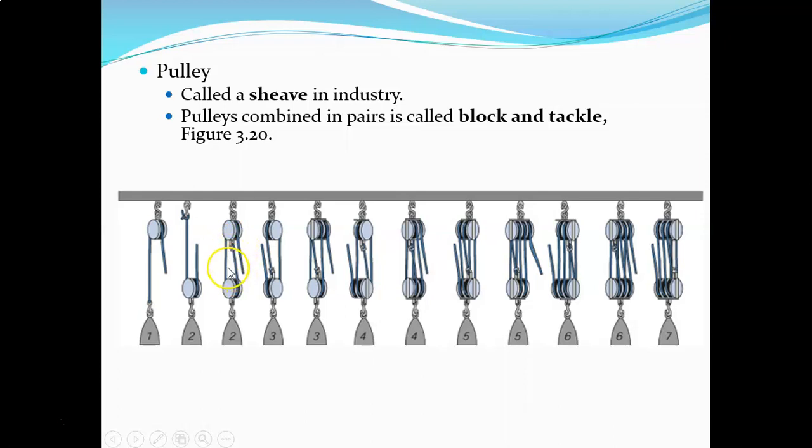Our pull rope is not supporting the load because we're actually pulling down against gravity. So we've got 2 ropes supporting the load, so we're back to mechanical advantage of two, which if it's a 100-pound load, divide that by 2, and we're pulling 50 pounds.